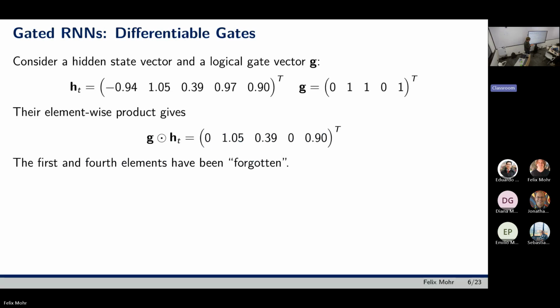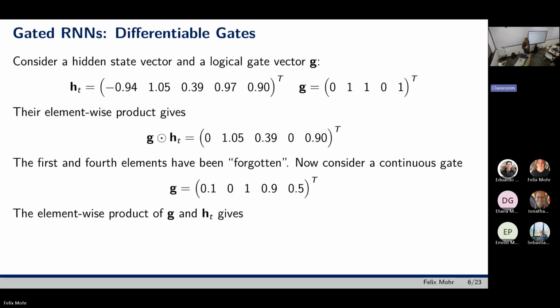So it was a bit too easy, but don't worry. So we're getting there. So we can complicate it. Actually, it's going to happen faster than this. Okay, so now let's consider some continuous gate that does not have values just 1 or 0, but like this.